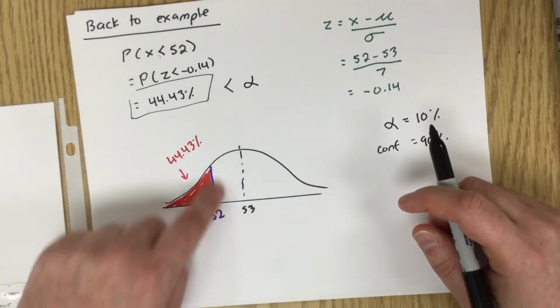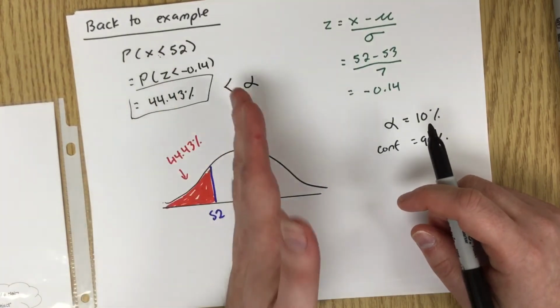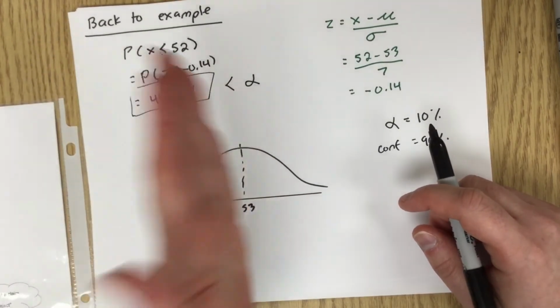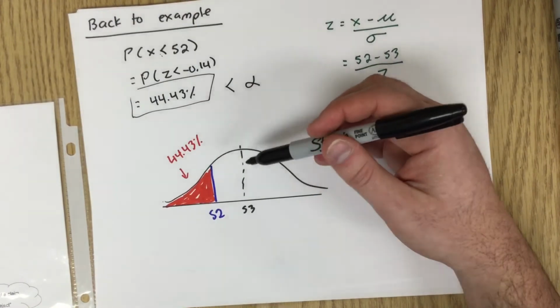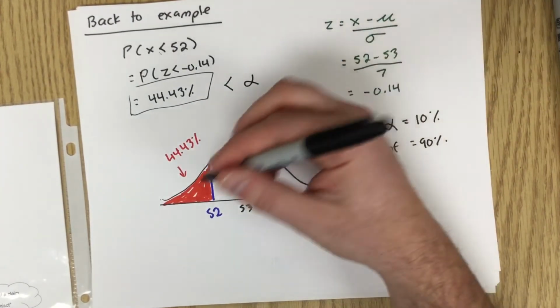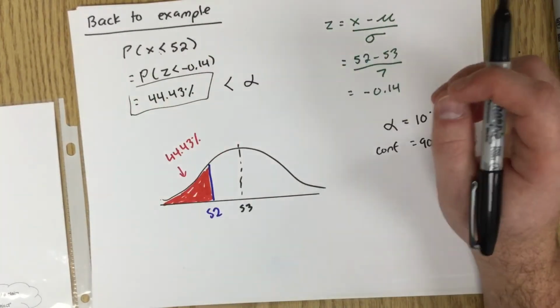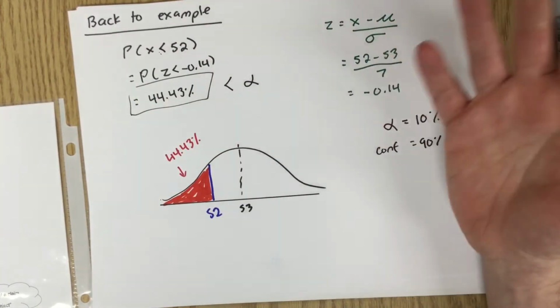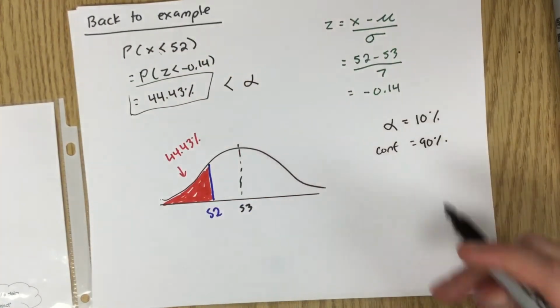So we're seeing how unusual this is. If the company was telling the truth that the mean is 53, then there's a 44.43% chance that we could have had this result of an experimental bar being 52 or smaller, which is not very unusual. So this is not less than alpha.